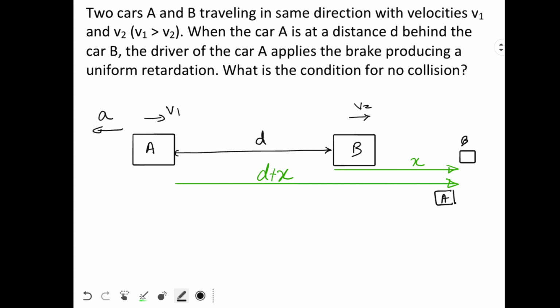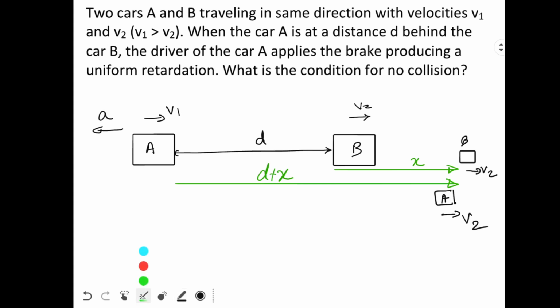Car B has velocity v2 only, but car A will avoid collision with car B if, when it reaches this point, it also has velocity v2.